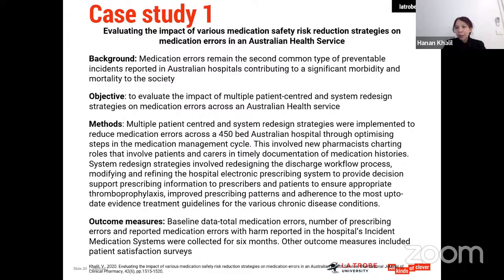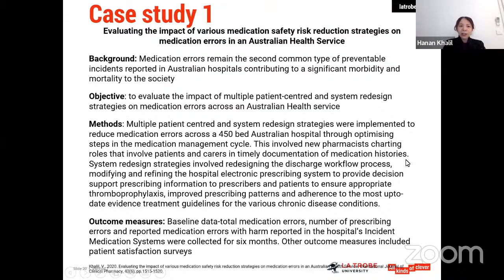The pharmacist's role was very specific: as soon as a patient is admitted, to chart medications on the patient charts. Instead of having the nurse or the doctor doing it, they had a pharmacist role only doing that. But one of the roles was also to include the patients or the carer in charting this.